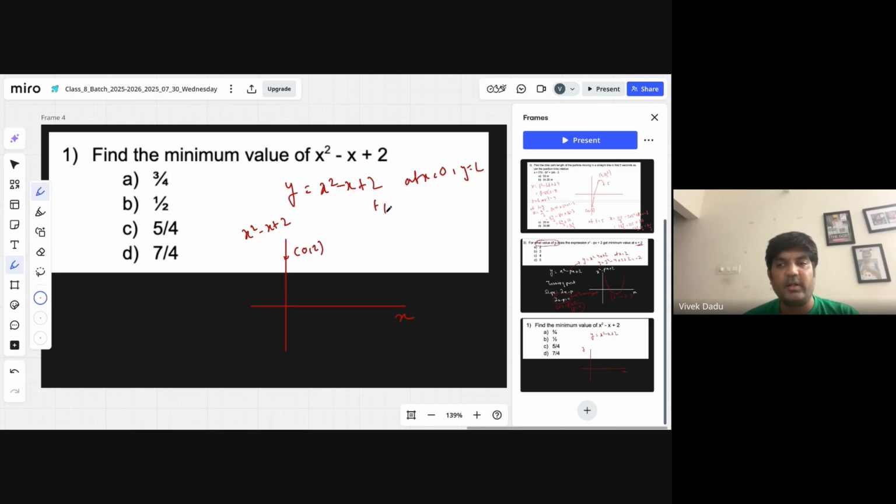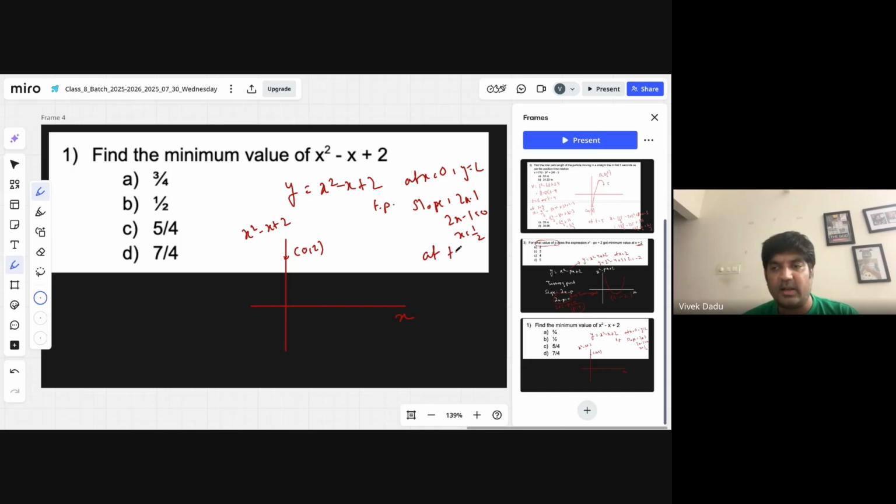Then the turning point: slope is 2x minus 1. So 2x minus 1 equal to 0 gives x equal to half. So at x equal to half, you will have a turning point. Now we need to find y also at the turning point.